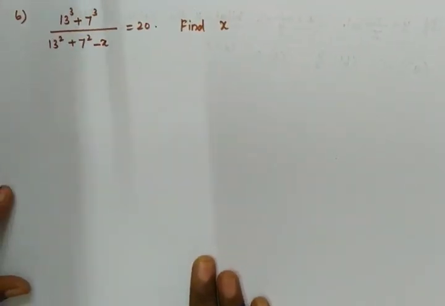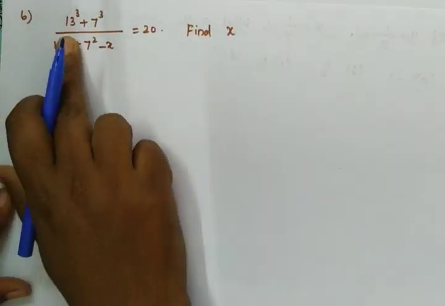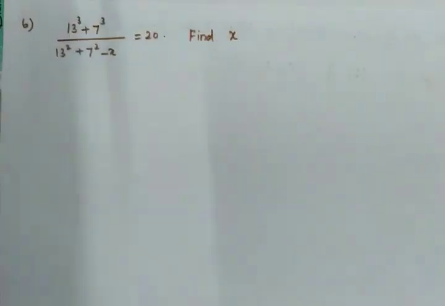Next, let us move on to the next problem. The next problem is (13 cube plus 7 cube) divided by (13 square plus 7 square minus x) is equal to 20. Now we have to find the x value for this.